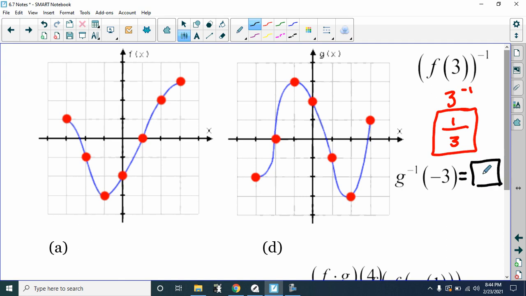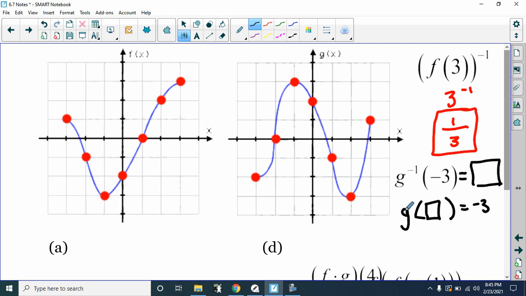That's what I'm looking for. That's the same thing as saying g of what is equal to negative 3. Remember, we switch x and y when we evaluate an inverse function. So what was my x is now my y. What was my y is now my x. I switched x and y.